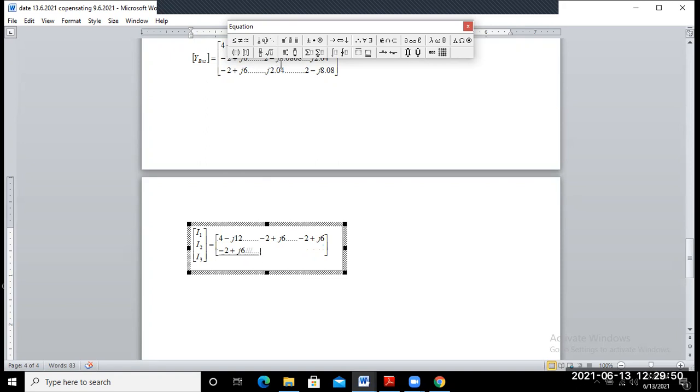is your 2 minus j8.08, and Y23 is your j2.04.